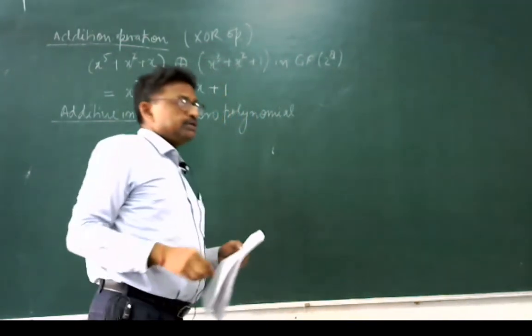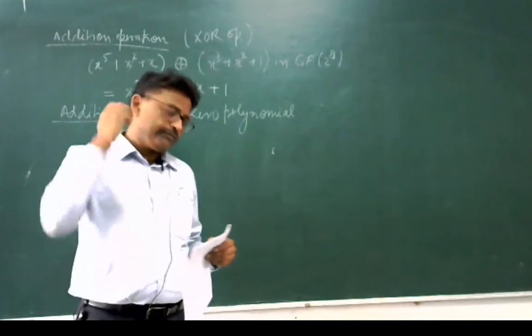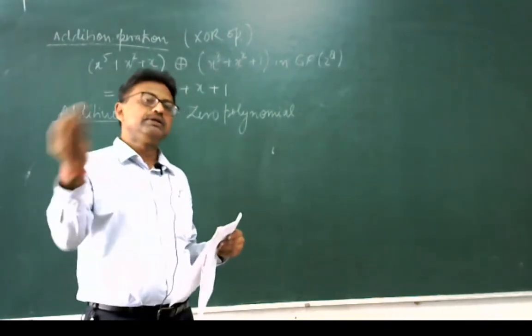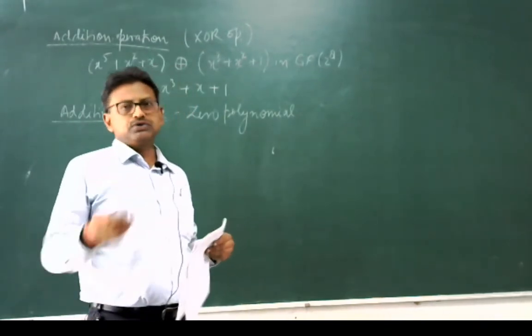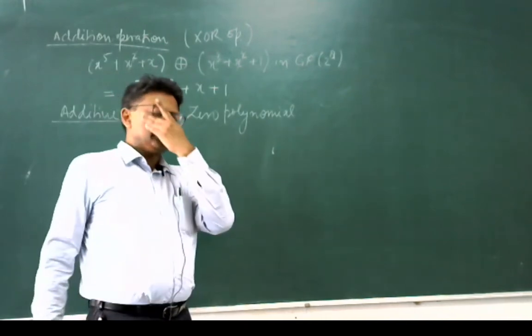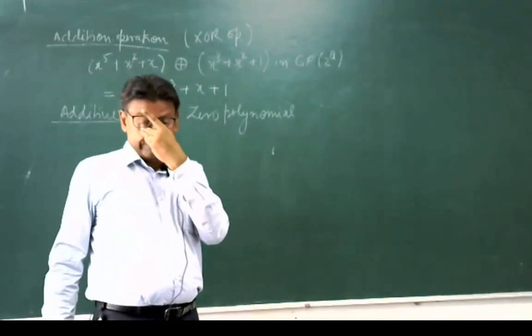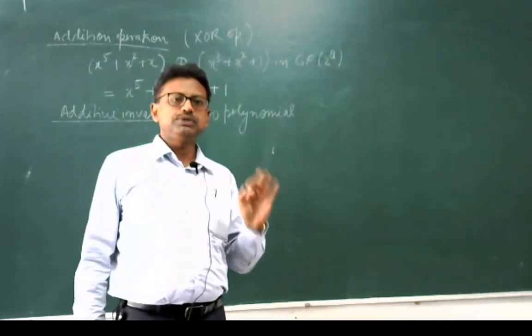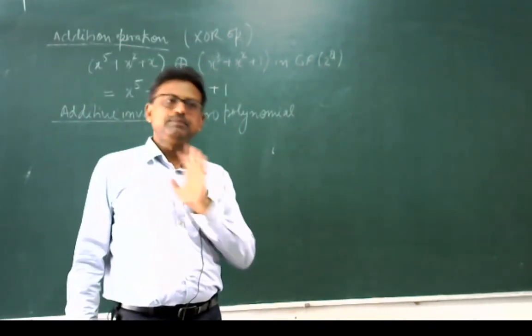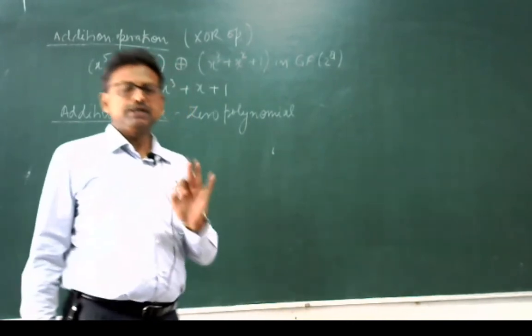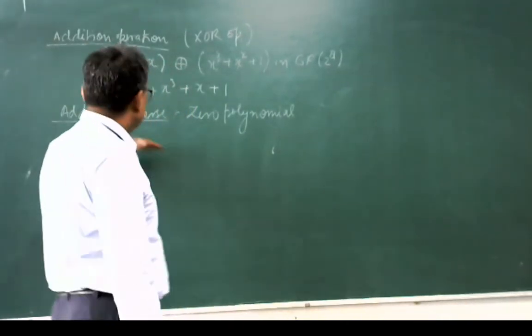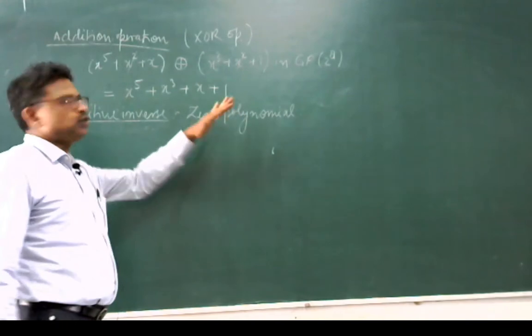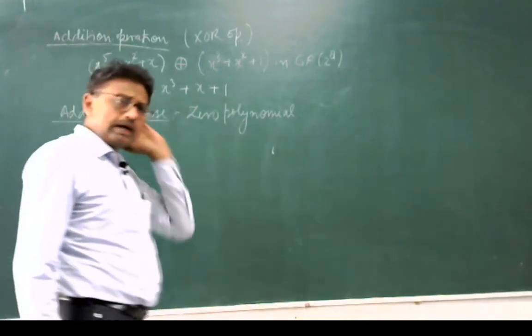The zero polynomial is a polynomial which, when added with any polynomial, gives the same polynomial as the result. So, in case of addition, 0 is the identity element. Why is it the identity element? Because when 0 is added to any integer value, the result will be that integer value. That is why it is called the identity element. Similarly, in case of polynomials, the zero polynomial will be the identity polynomial.